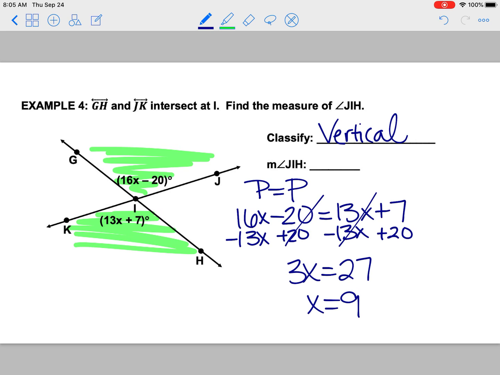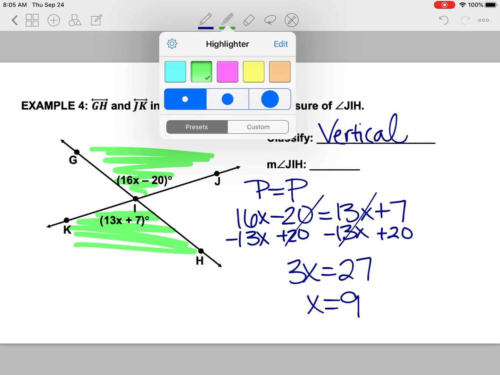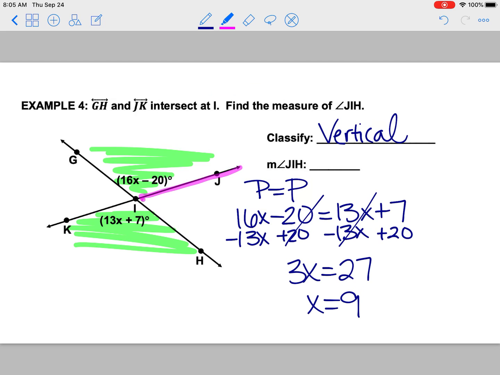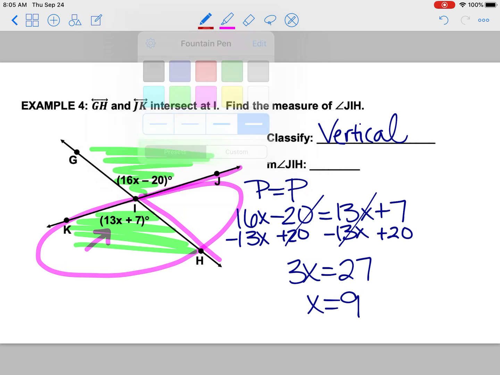The question says find the measure of angle JIH. So if we shade that, JIH is right here. Well, that wasn't one of our vertical angles, but we can see here that if we put these two together, we have a linear pair, and we know linear pairs add up to 180. So let's go ahead and find what this angle equals, and then we can subtract that from 180 degrees.